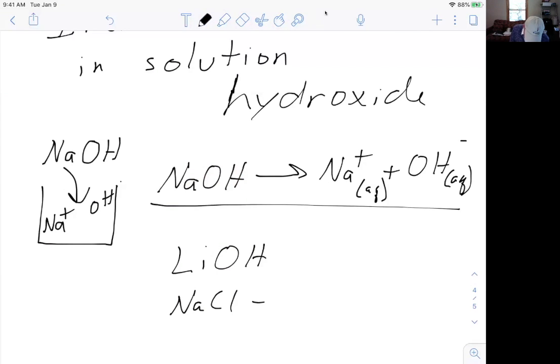We call that a salt. This is actually table salt, but it could be anything. How about LiCl? Well, that would be another salt. It's an ionic compound. It doesn't start with H, and it doesn't end in OH. Therefore, it's a salt. So now you know the difference between an Arrhenius acid, an Arrhenius base, and a salt.